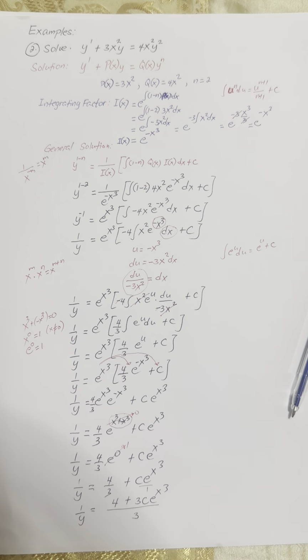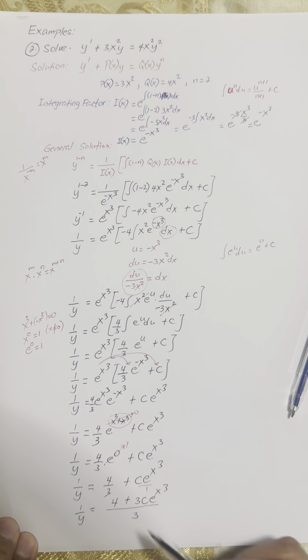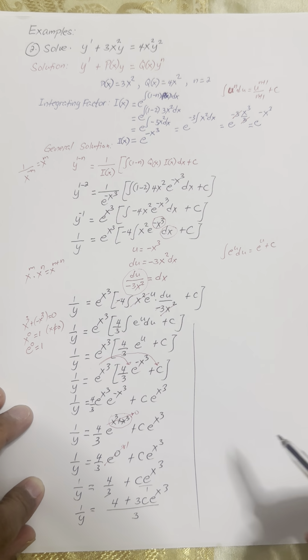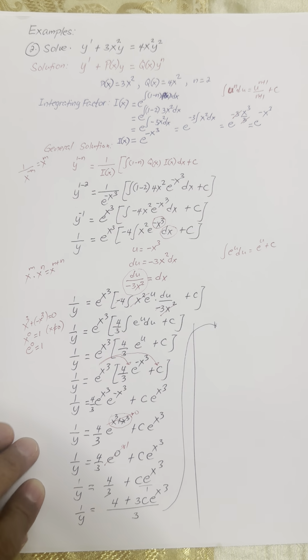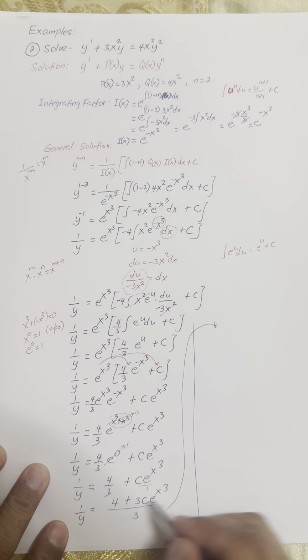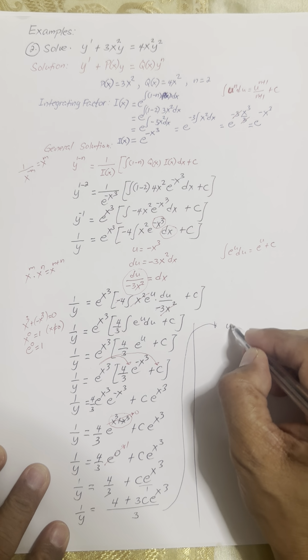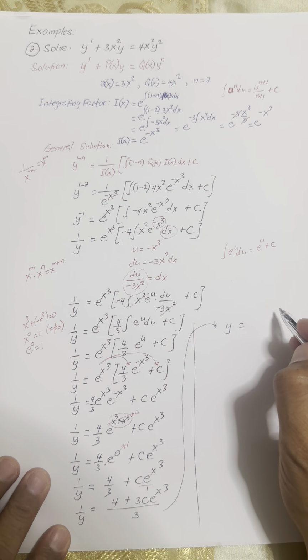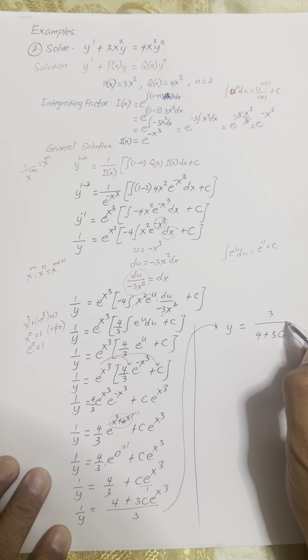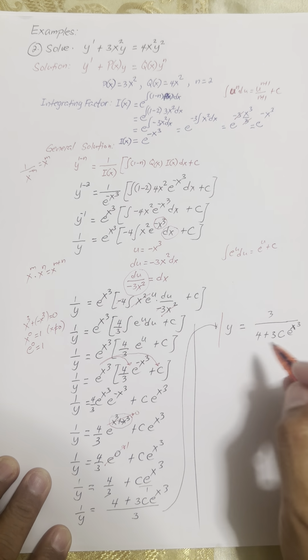Then you just flip this, or cross multiply. It's up to you how you manage this. You can solve for y here: cross multiply, then you will get y equal to 3 over 4 plus 3c e to the x cubed.